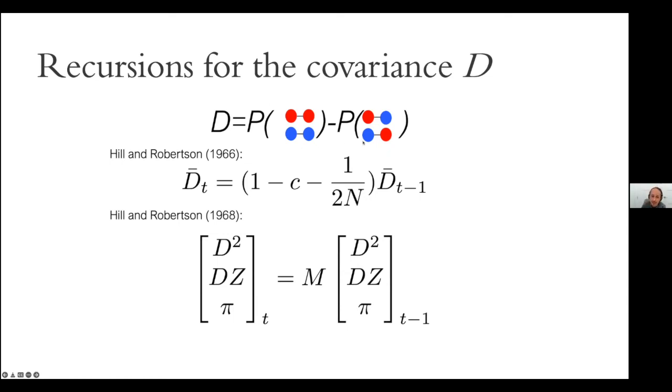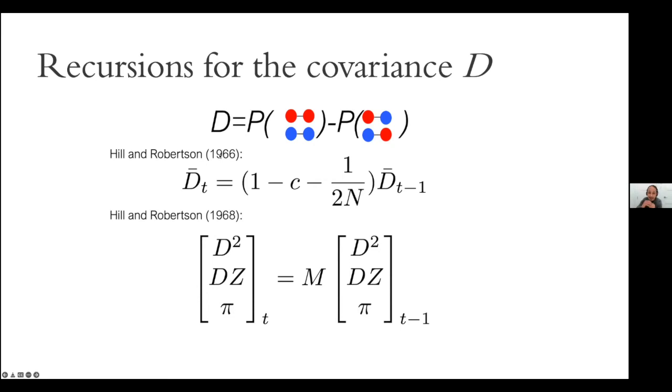I'm not going to go into too much detail because I'm really running out of time. It's the number of times you see the ancestral alleles together on the same haplotype minus the times when you see the ancestral alleles on different haplotypes in a sample of size 2. There is a recursion for that, and it was discovered in 1966.